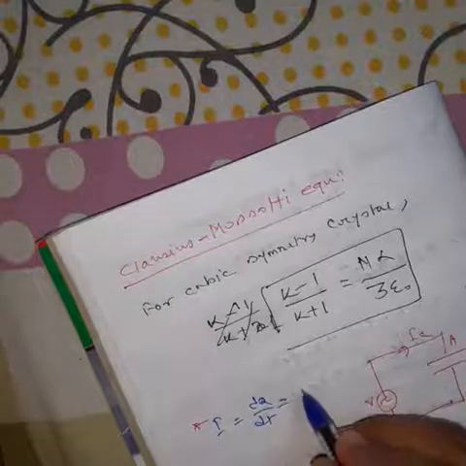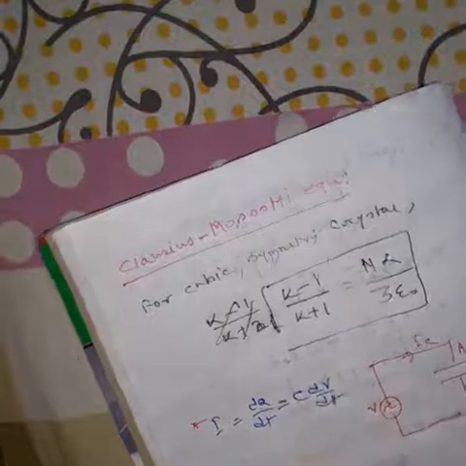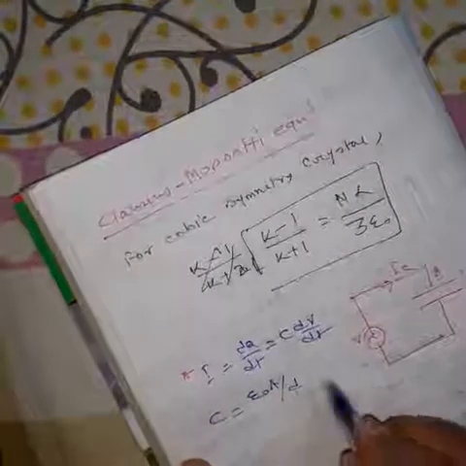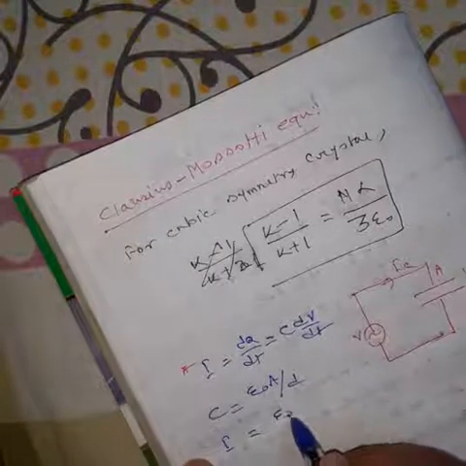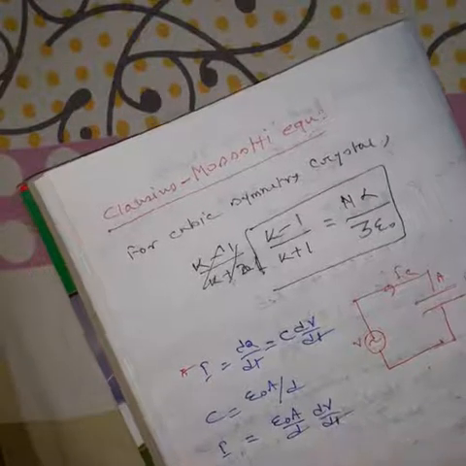Q is C times V, and C is a constant, so I equals C dV/dt. Now C is nothing but epsilon 0 A by D, so I is epsilon 0 A by D times dV/dt.